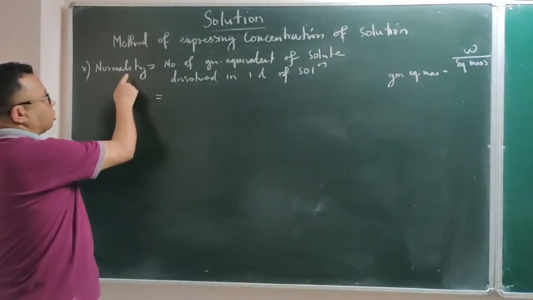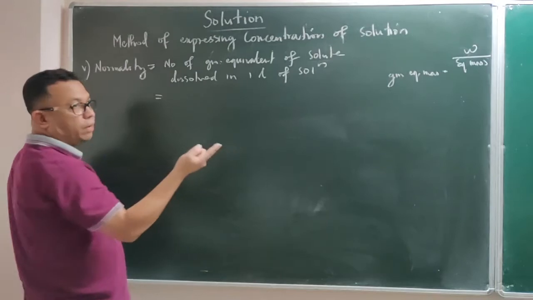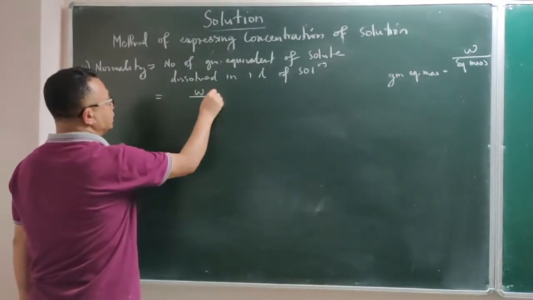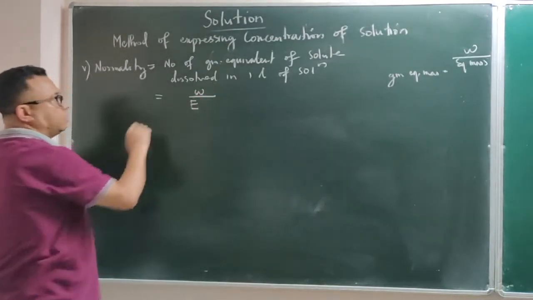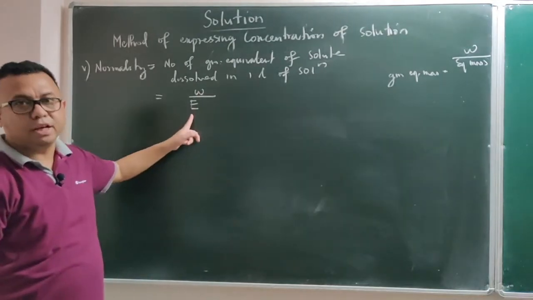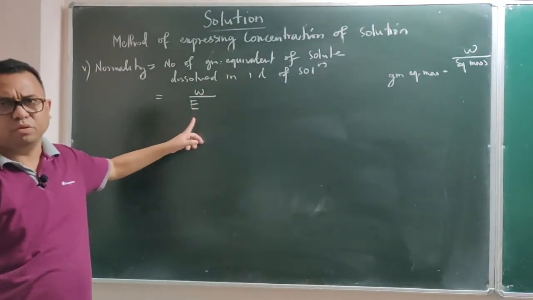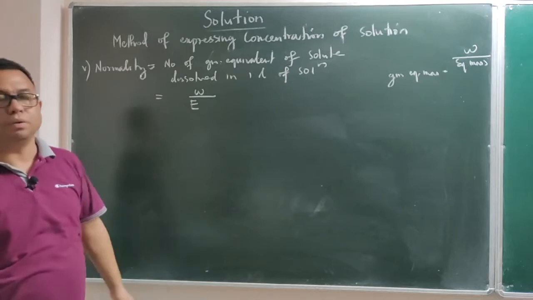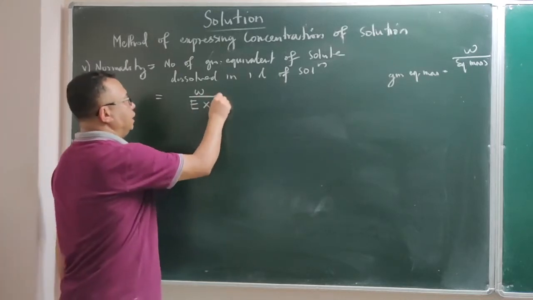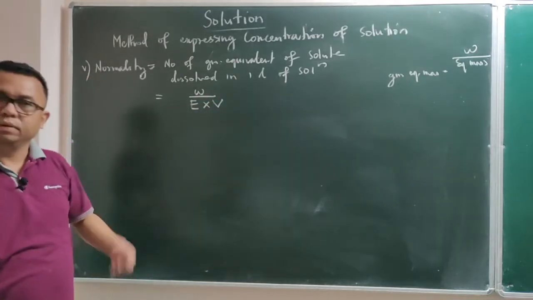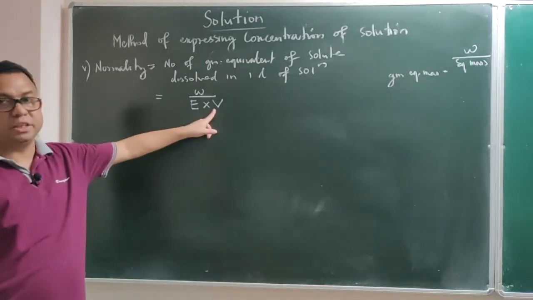Then if you want to find normality, I have to find gram equivalent weight. Gram equivalent weight is small w by E. Here E is standing for the equivalent mass of the solute, even though I am using capital here. And then V is standing for the volume of solution, and this must be expressed in liter.